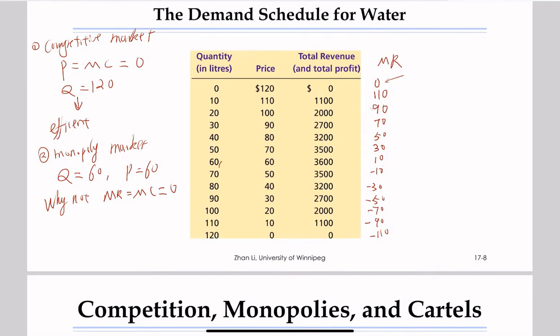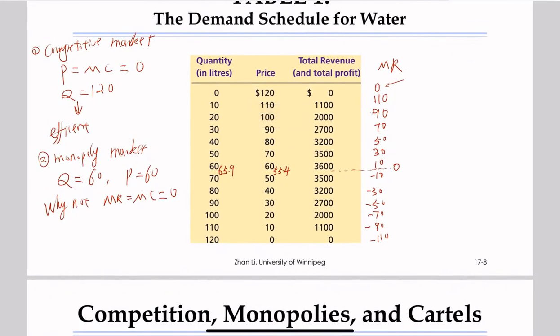Maybe it happens at 5.9 at a price of, I'll just put down a random number here, let's say 45.4. And then maybe here we can have a marginal revenue of 0, right? So if you want to exactly use marginal revenue equals marginal cost to figure out the correct answer, you have to get the whole picture. But now we're only dealing with these integer numbers, so we don't have the whole picture here, right?